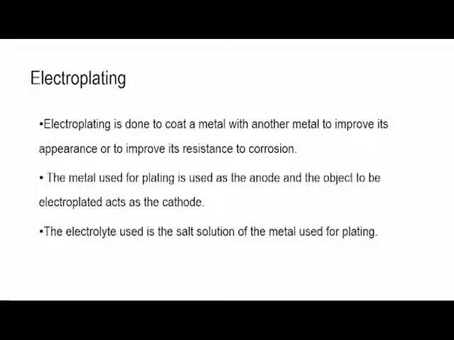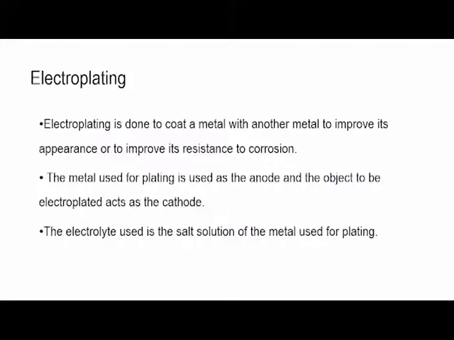But the electrolyte, the solution in which the electrodes are dipped, should be a solution of the metal that is coating the other material. The material to be coated should be connected to the negative electrode, and at the anode we should connect the metal which is electroplating.